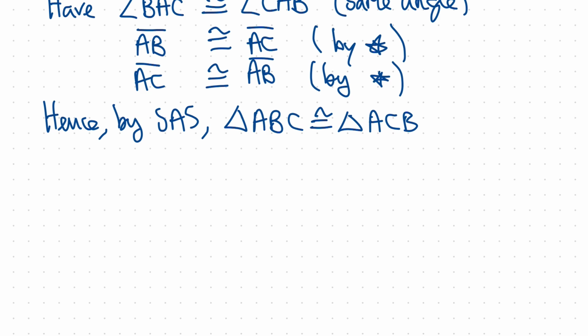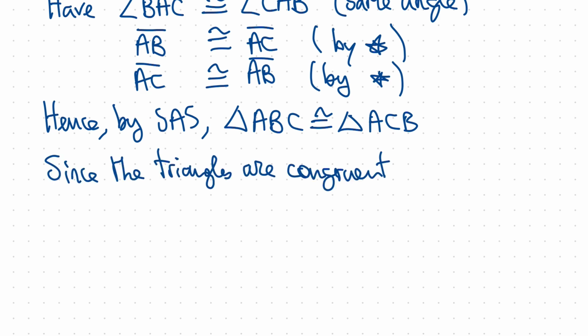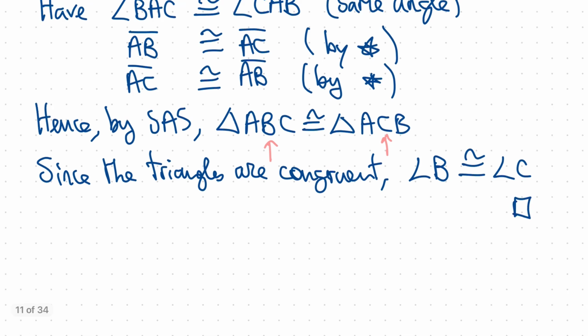And now we use the definition of congruence of triangles to say that we have congruent angles. The definition of congruence was that the angles in the corresponding spots were the same. So in particular, the angle in B is congruent to the angle in C. And that's precisely what we wanted to prove.